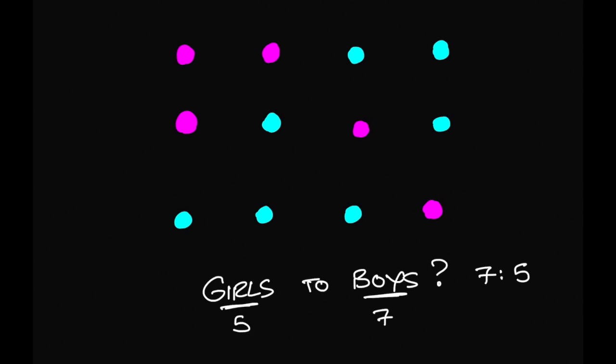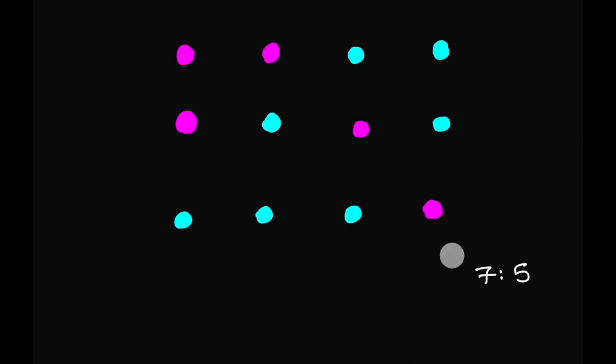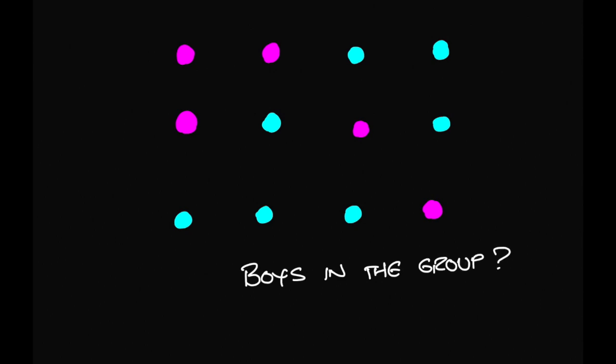Now, I might also be asked, what if I want to just know the boys in the group? You're asked the question, how many boys are in the group? And instead of answering using the colon, we want to use a fraction to express this.